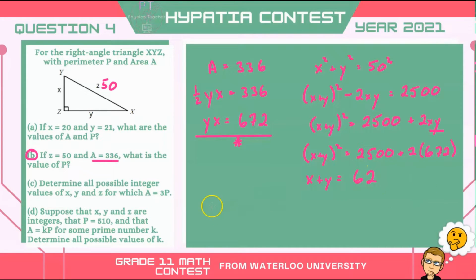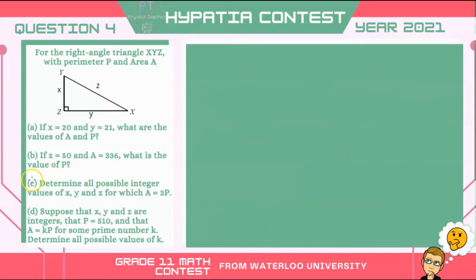Now since we want to know the perimeter is x plus y plus z, but x plus y, I know now, x plus y is 62, so this perimeter is going to be 62 plus our value for z, which is given as 50. So our perimeter is then equal to 112. And that's part B.